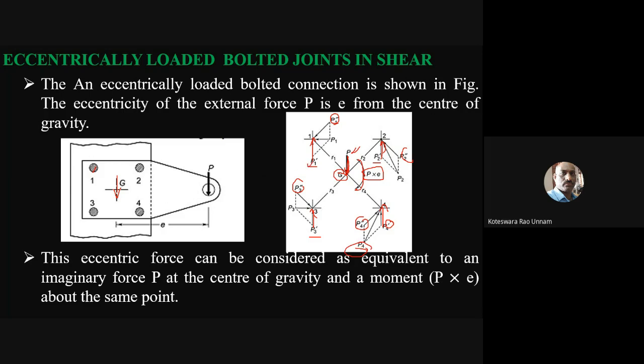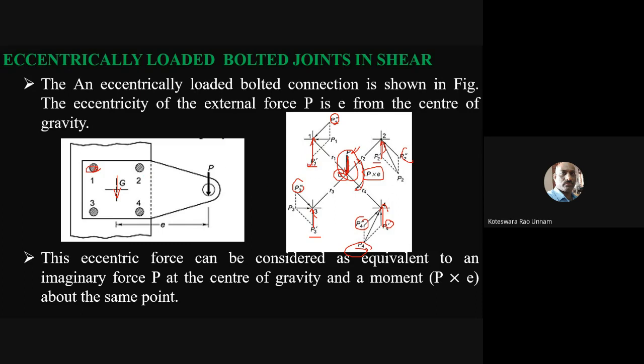Then what is the magnitude of this P1 dash, P2 dash, P3 dash and P4 dash? Since we are assuming that all these bolts have a uniform cross section, that means the diameter is the same, and the load is acting at the center of gravity of this bolt system, the load on each bolt is going to be the same. The point of application of load is at equal distances from all these bolts, so the load acting on each bolt is going to be the same.